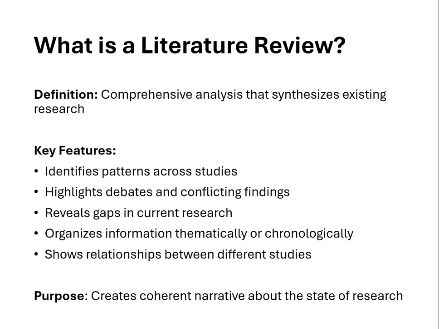The key features of a lit review are that it's really the history of the idea and investigations of that topic or concept. It identifies patterns across studies, highlights debates and conflicting findings, reveals gaps in current research, organizes information thematically or chronologically, and shows relationships between different studies.